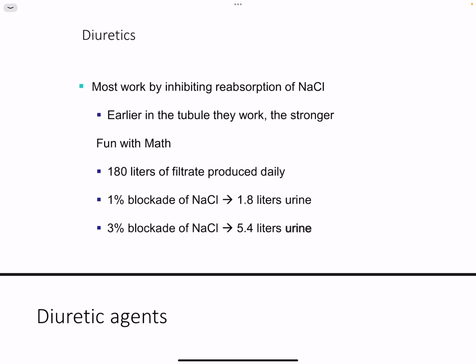This is the key slide; the rest is based on it. 20% of 180 liters is about 36 liters, but we say 1 to 2 liters. 36 liters of urine would be like making a sea or river of water.